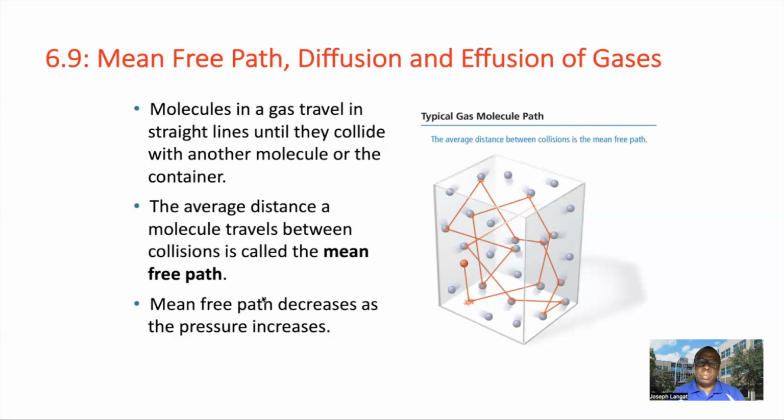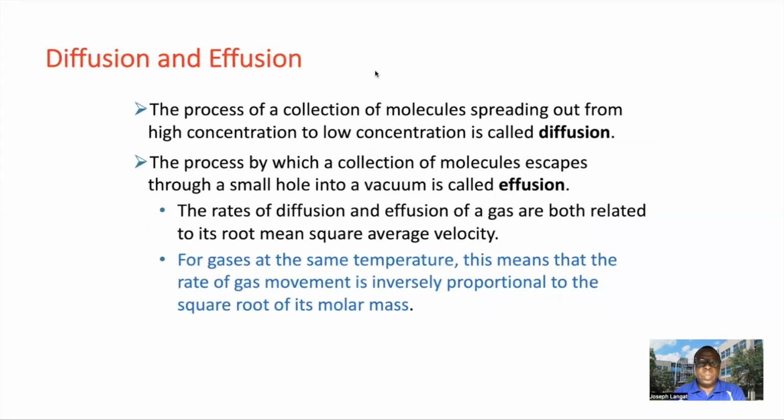So the average distance a molecule travels between collisions is called the mean free path. There is diffusion and effusion which you need to understand. The process by which gas molecules spread out from high concentration to low concentration is called diffusion.